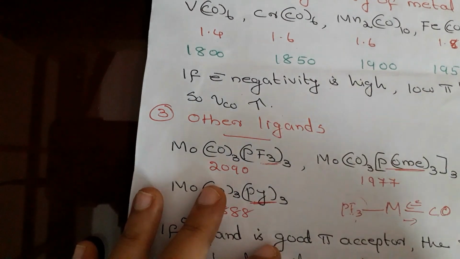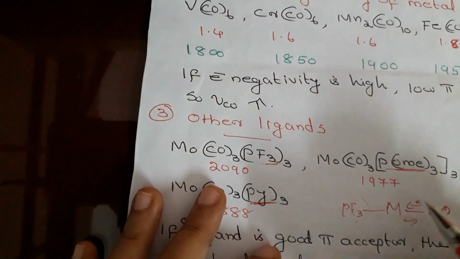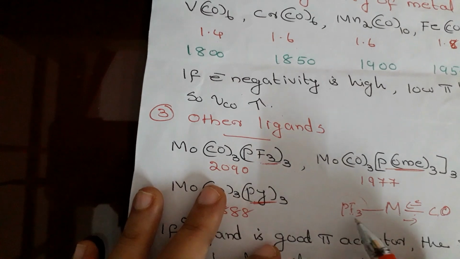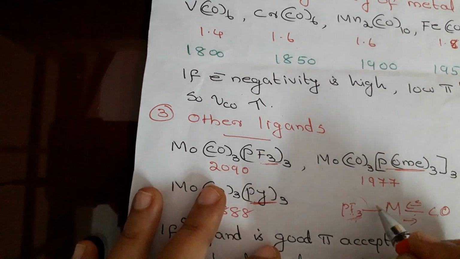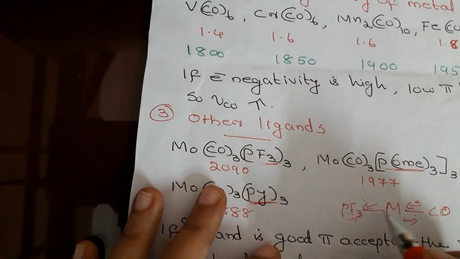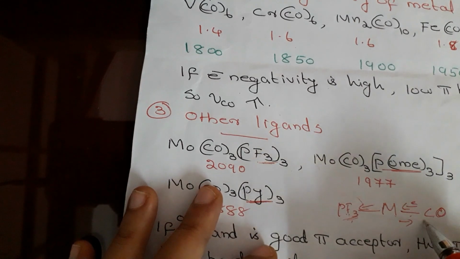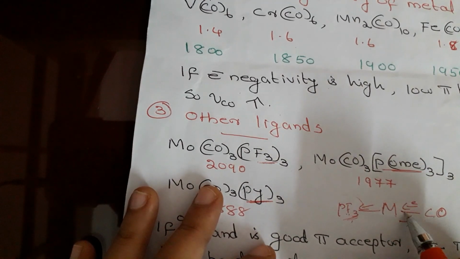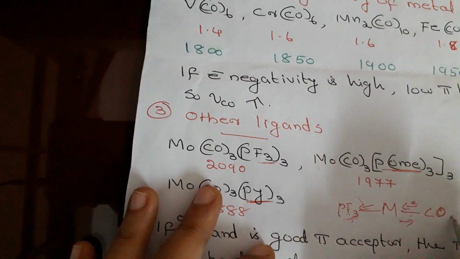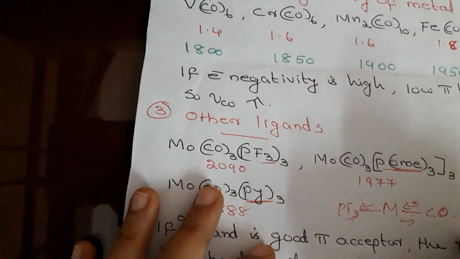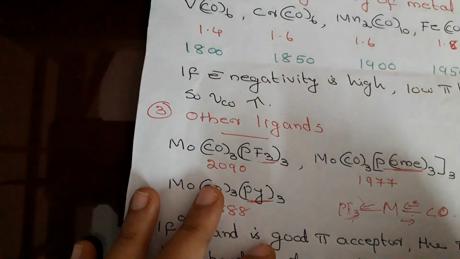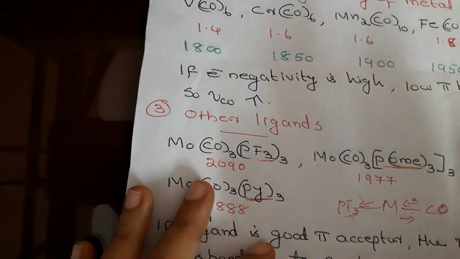Here the CO group donates electrons to the metal, so the metal becomes rich. Then pi back bonding starts, but here another ligand is there. If it is a good pi acceptor, these two compete to get electrons. The electron density goes to the other ligand also; it is divided between both. So pi back bonding donation to CO decreases, which means the stretching frequency increases.